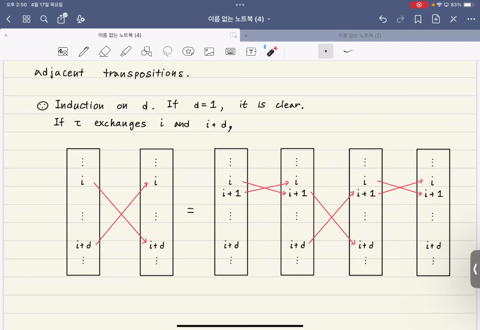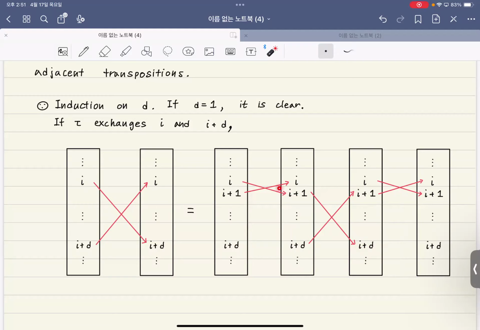But can you see this? So in this side of the composition, I have two adjacent transpositions. And between them, I have a transposition which interchanges i plus 1 and i plus d. Right? Now, according to the induction hypothesis, I will need precisely 2d minus 3 adjacent transpositions to achieve this, right?